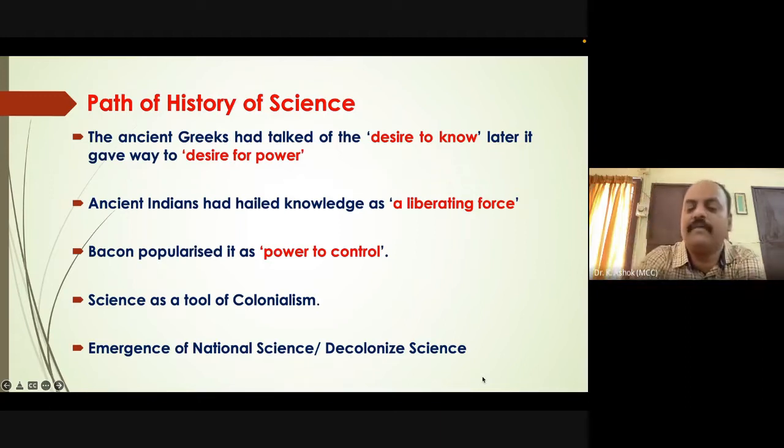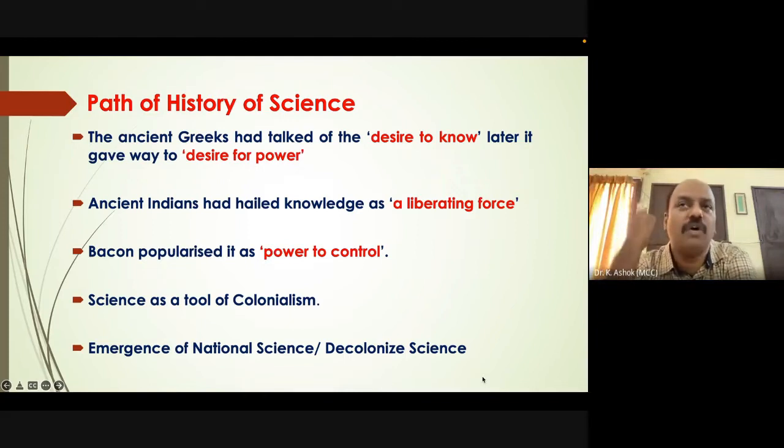It started from the Greek world, with the desire to know, then the desire for power, whereas in India, science was seen as a liberating force, and back again in Europe, science was seen as the power to control. This idea of power to control made the European powers use science as a tool of colonialism.